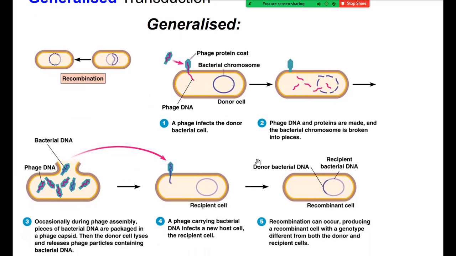What happened was there was a piece of the host chromosome, shown in purple, that got added to that virus instead of the replicated viral DNA, which is pink, which was not added to this. Now let's watch what happens when this virus infects another cell.